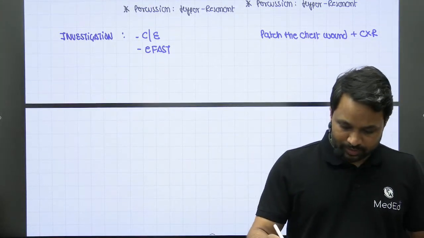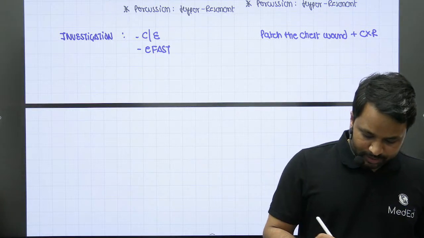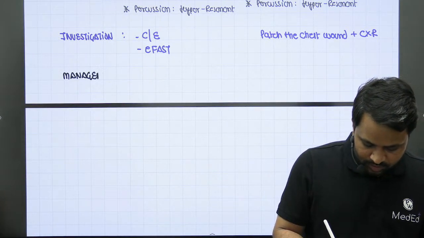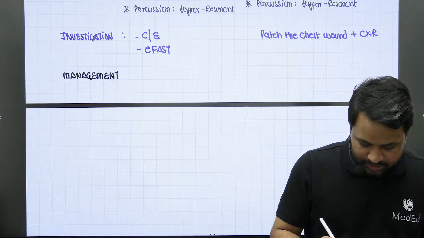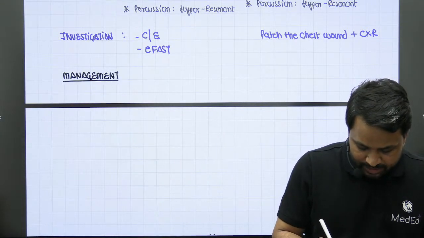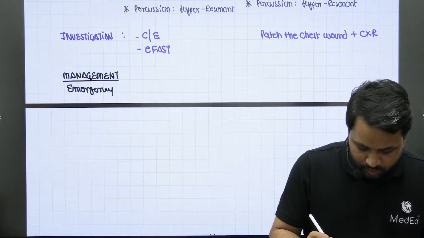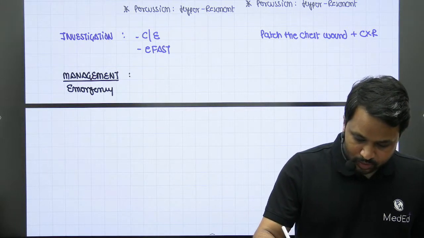Now, how would you like to manage? In terms of management, pneumothoraces are ticking time bombs, right? In the management, we have emergency management and definitive management. In emergency, what you have to do is needle thoracocentesis.